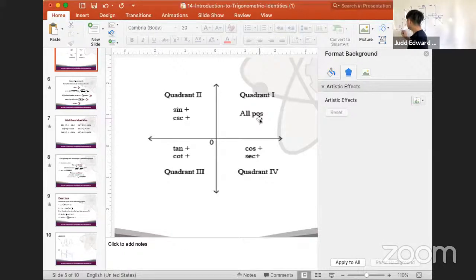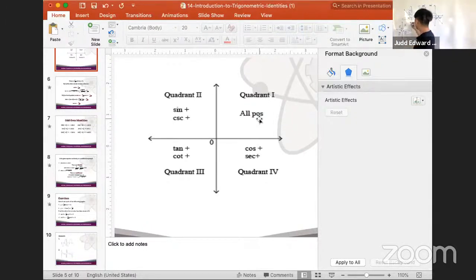For quadrant 3, ang positive po natin is si tan and cotangent. For quadrant 4, ang positive lang po natin is si cosine and si secant. Okay. So, ang palatandaan ko po dito is ACTS. All positive, cosine, secant, positive.